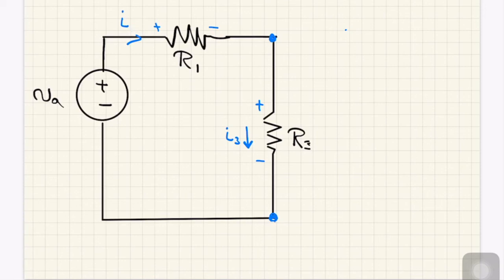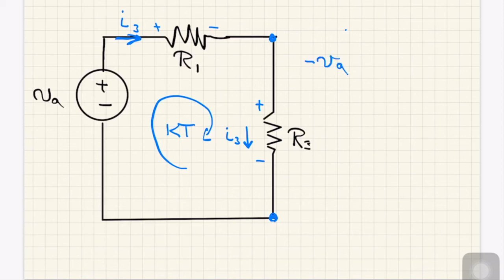So now we can even adjust this and say this is I3 flowing here, but we have to have agreement in direction, and we do. I3 flowing as it does from left to right up here would flow down through that circuit. So now we can write a Kirchhoff's tour for this equation. We have just a single Kirchhoff's tour to write down here, and we can write it going clockwise from the lower left corner again.